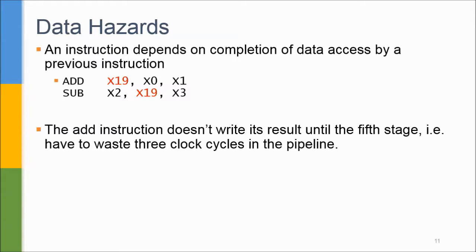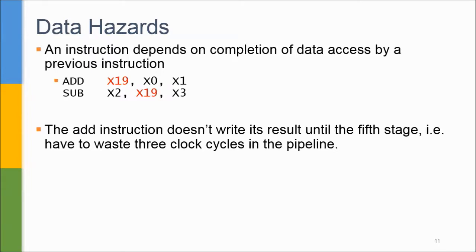So the second instruction sub cannot execute until the add instruction completes execution, because when we want to execute sub, it does not have the proper data in the x19 register, because in pipelining these add and subtract instructions execute simultaneously at the same time.